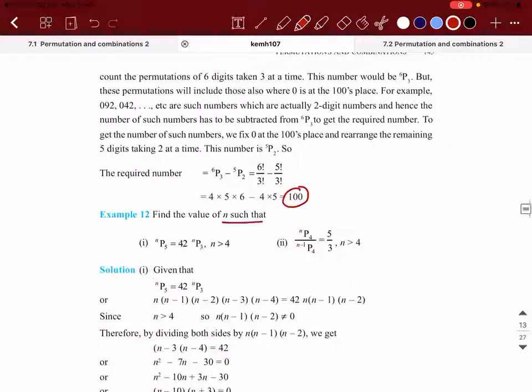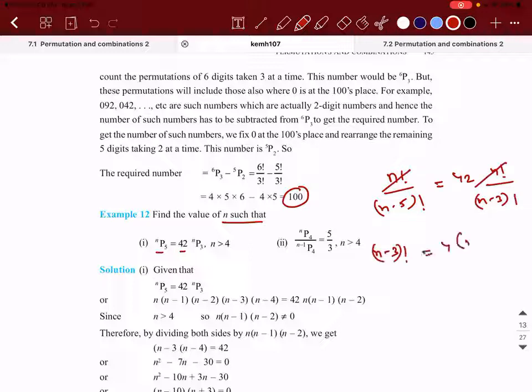Find the value of n such that nP5 is equal to 42 times nP3. So nP5 is n factorial by n minus 5 factorial, is equal to 42 into n factorial by n minus 3 factorial. n factorial is gone. So n minus 3 factorial is equal to 4 times n minus 5 factorial. Which one is bigger, n minus 3 or n minus 5? n minus 3.